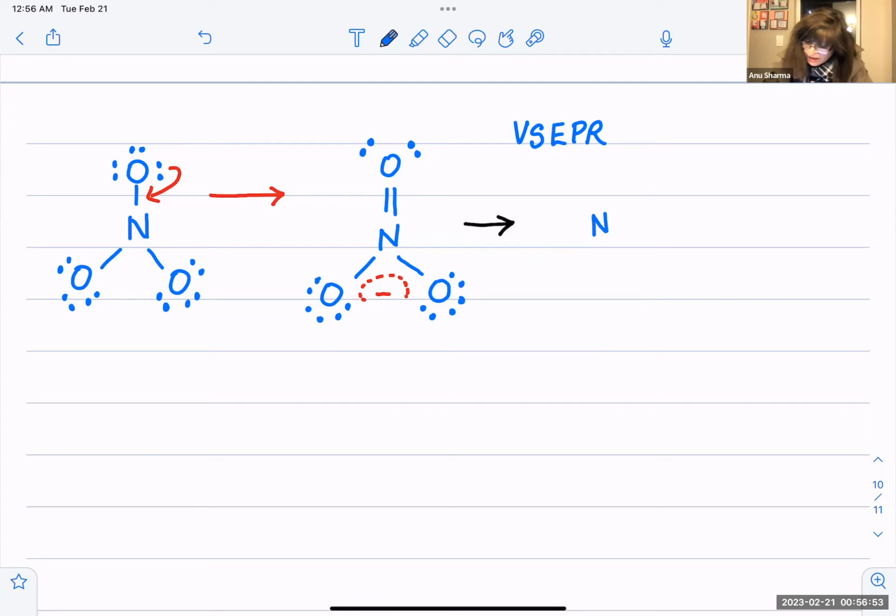At another point, this oxygen comes on the top and gets back, and this one gets to keep the double bond, and the lone pairs are put back. So at one point, this comes here. One second. This comes here.